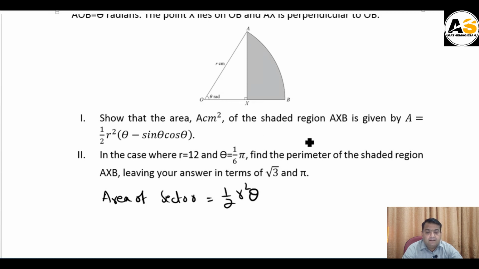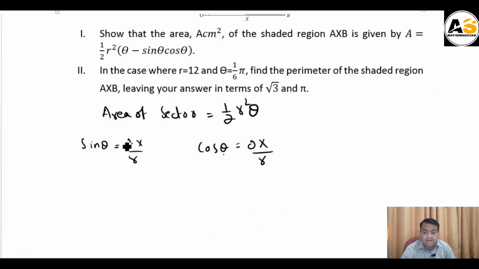For that, I can see from the figure that sine theta is equal to AX over r and cos theta is equal to OX over r. From here, I can say AX is equal to r sine theta and OX is equal to r cos theta.